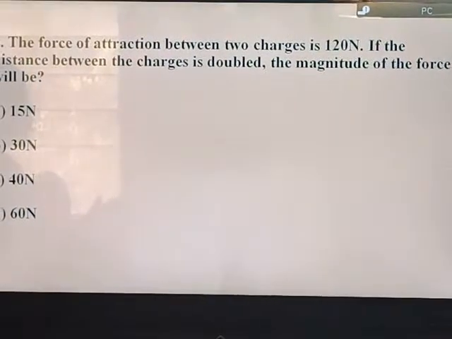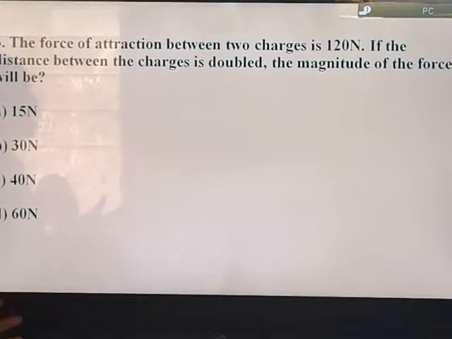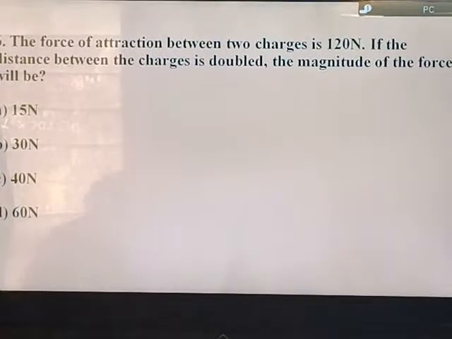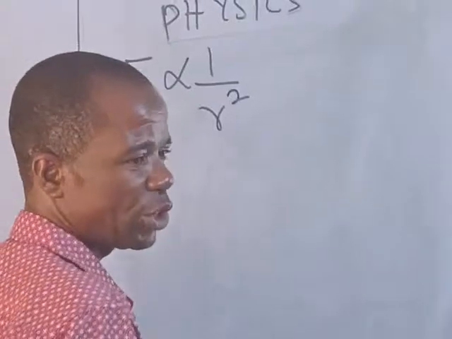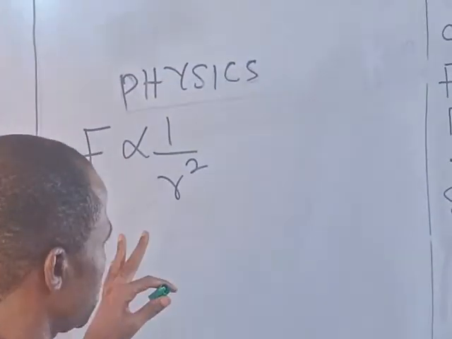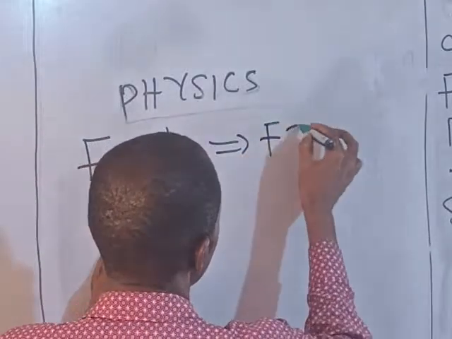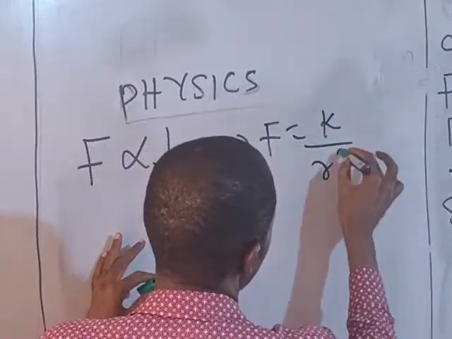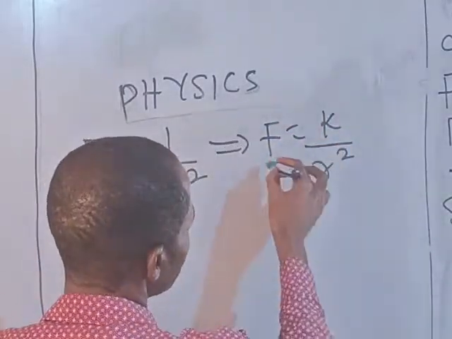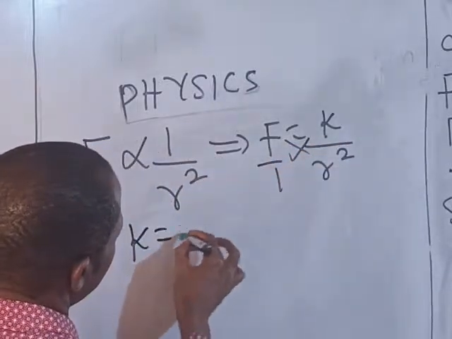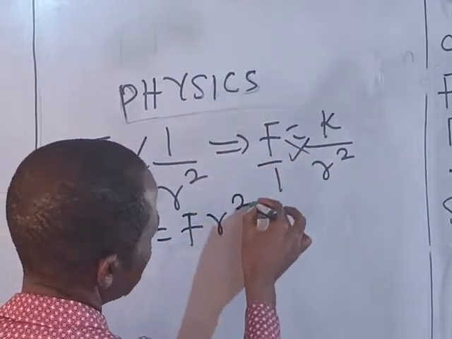Remember, Coulomb's law is also called the inverse square law. Coulomb's law tells us that the force of attraction between two charges is inversely proportional to the square of their distance apart. That's the most important thing here. So from this, F is equal to K all over R squared, where K is a constant. Then K is equal to F R squared.